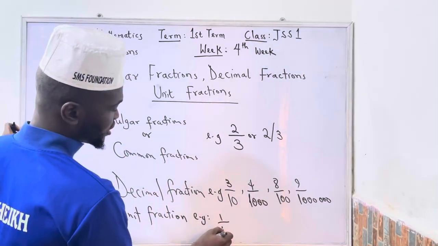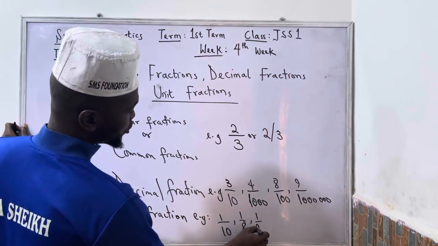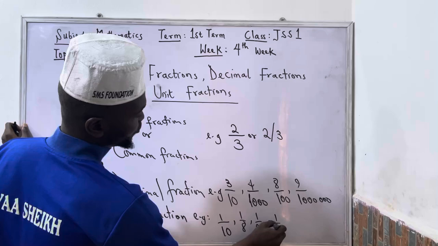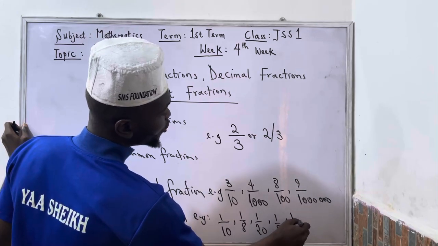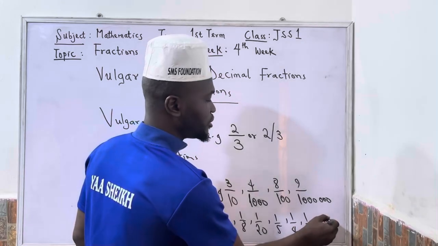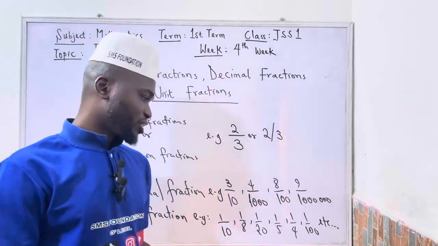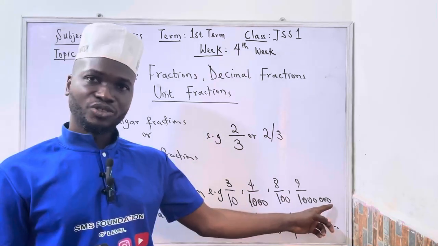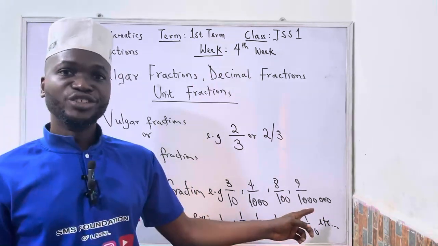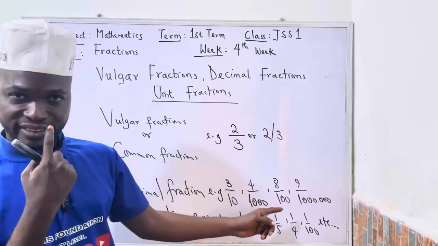If you have 1 over 10, 1 over 8, 1 over 20, 1 over 5, 1 over 4, 1 over 100, etc. It can continue like that. What do you notice about all of these fractions? They are unit fractions because the numerator is 1 in each case.